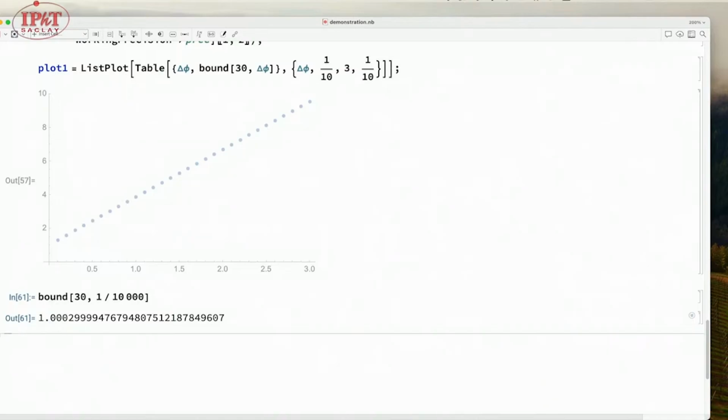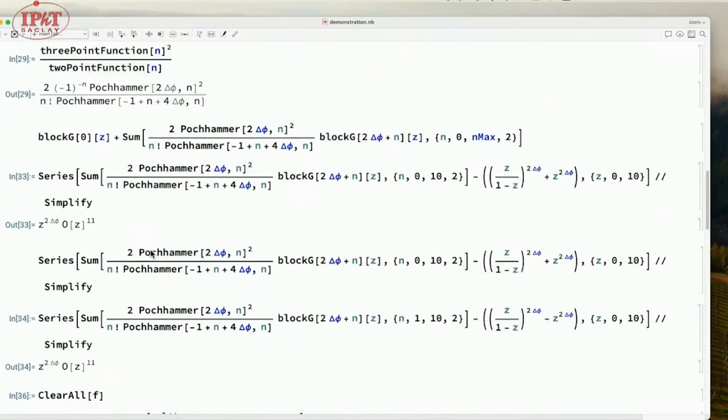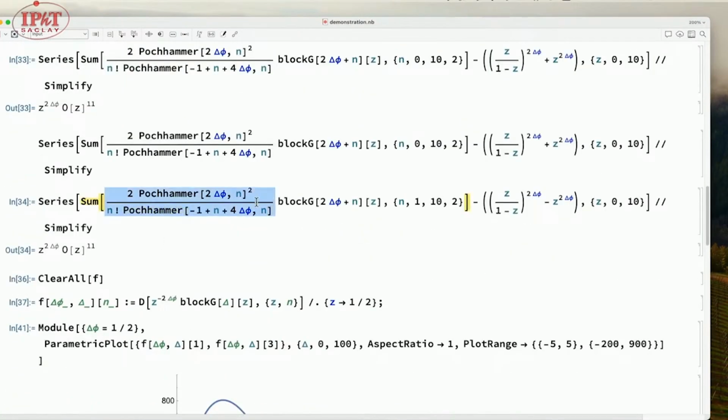So the free fermion is the solution of this equation with the spectrum 0 and 2 delta phi plus 1, 2 delta phi plus 3, and so on, with positive coefficients, which you can see from here that these coefficients are positive.